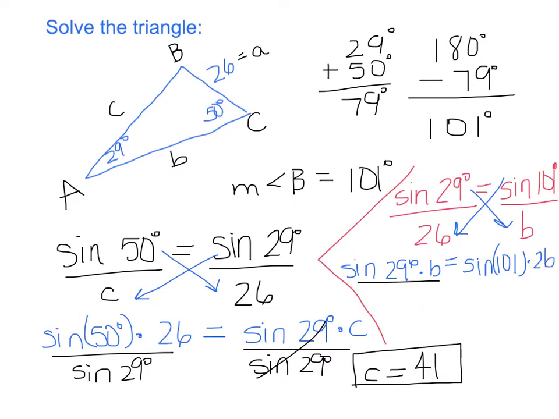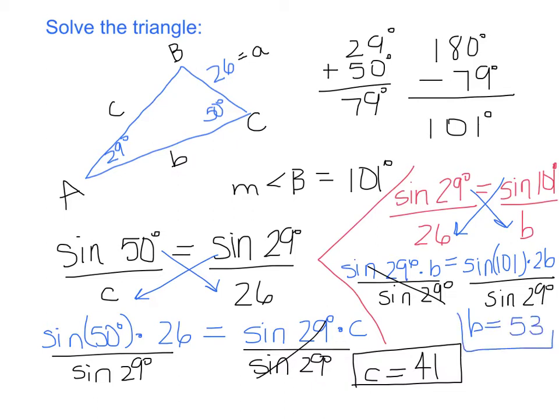Then you divide. On your calculator, you type in sine 101 times 26 divided by sine 29. If I round it to a whole number, I get little b equals 53. And we have found all the sides and all the angles. So that's what solve the triangle means.